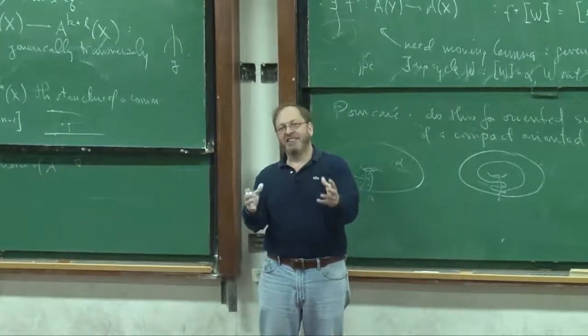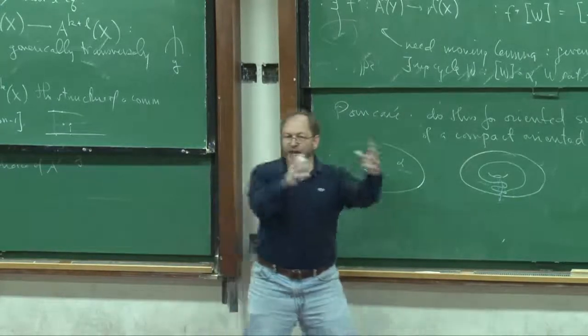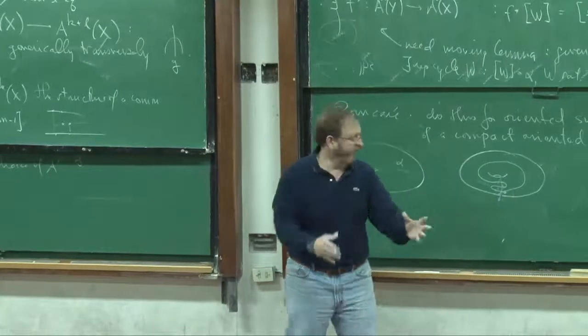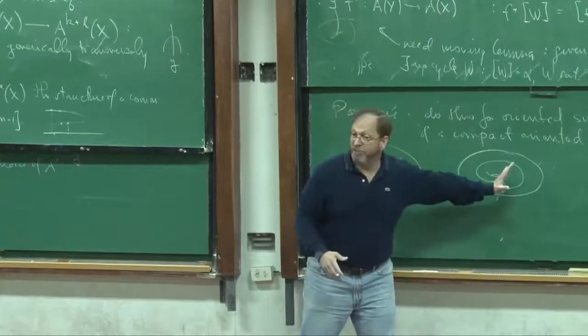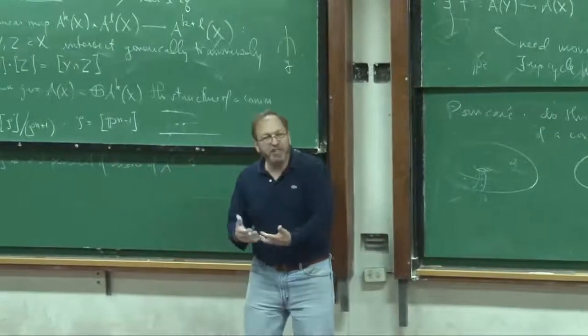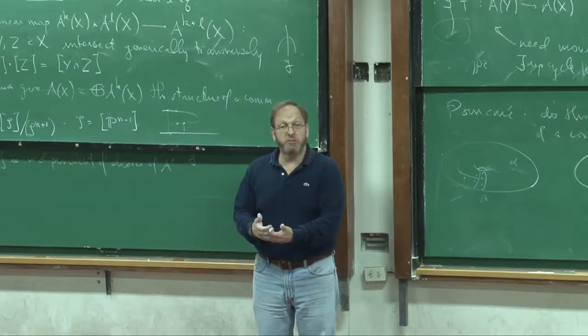And then the most amazing thing of all, and I still don't know how to account for this, is that if you look at that ring structure on the cohomology groups of a compact smooth manifold, which was gotten by applying Poincaré duality to the intersection product on homology, that ring structure existed for a more or less arbitrary singular space as well.